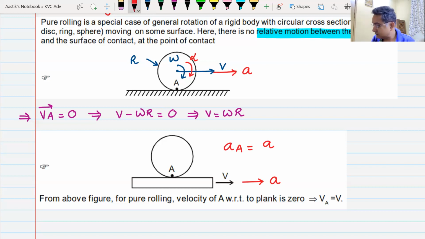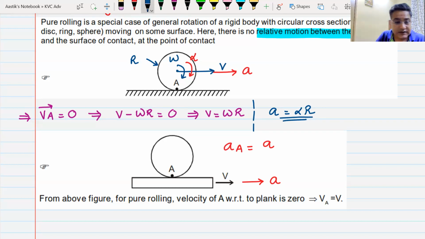Sir, a equals R alpha. The relation between alpha and a will also be the same. a will be equal to alpha r, because the acceleration of this point A must be the same as the acceleration of ground.